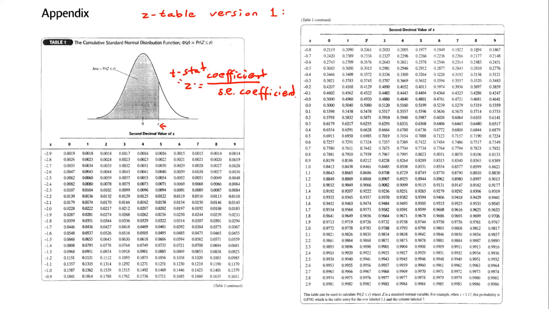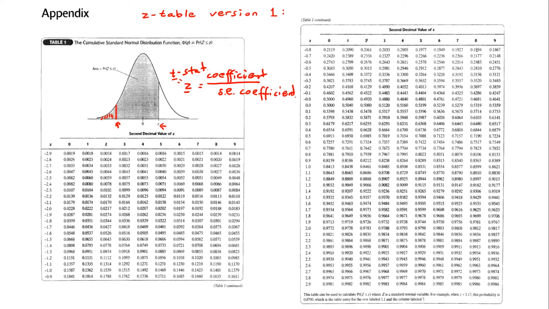And the reason why it's called the z is that if you have a lot of data, like 400 or more, then the t-distribution resembles the z-distribution, which is the normal distribution, right? So what we are interested in is to find the tail probability of a certain z number.